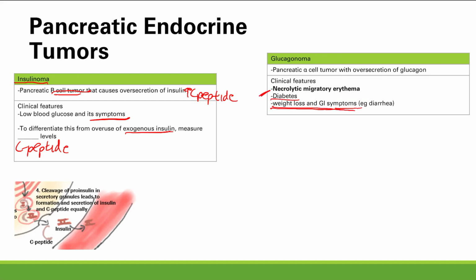Finally, the most characteristic thing here is you get a necrolytic migratory erythema. So what is this? First, you start with painful and itchy plaques and papules on the face, groin, and extremities. Let's just draw this. Hands, legs.